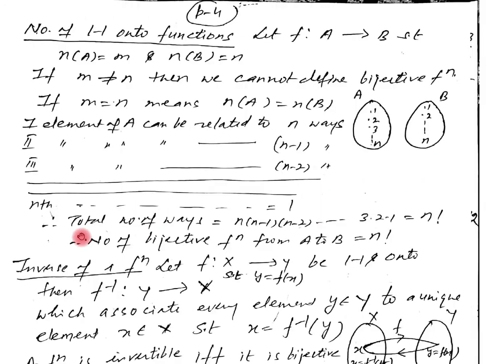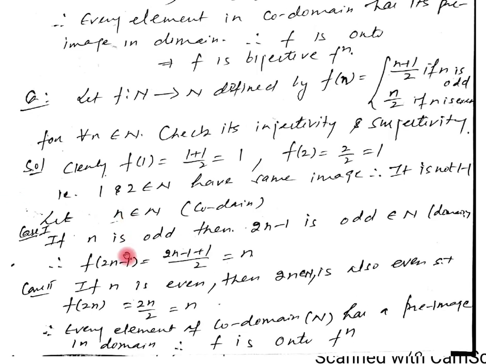Now here we have to check whether the function is onto or not. I have taken two cases. If n is odd, then 2n - 1 is also odd. We have to choose this number such that it can be easily put in and simplified. Whenever finding the image of this number, (2n - 1 + 1)/2 is equal to n.